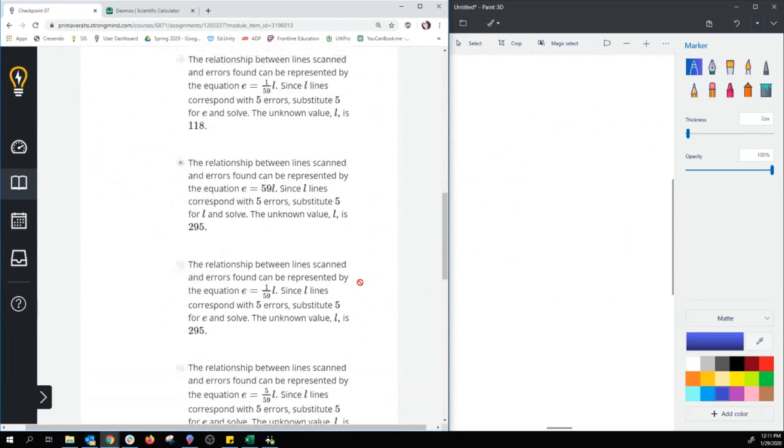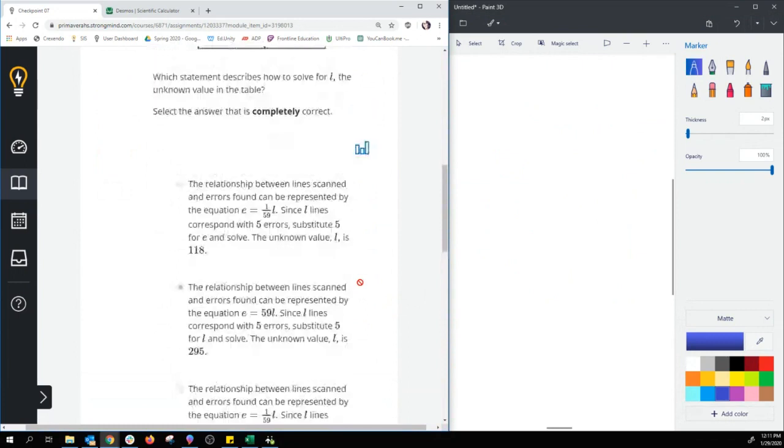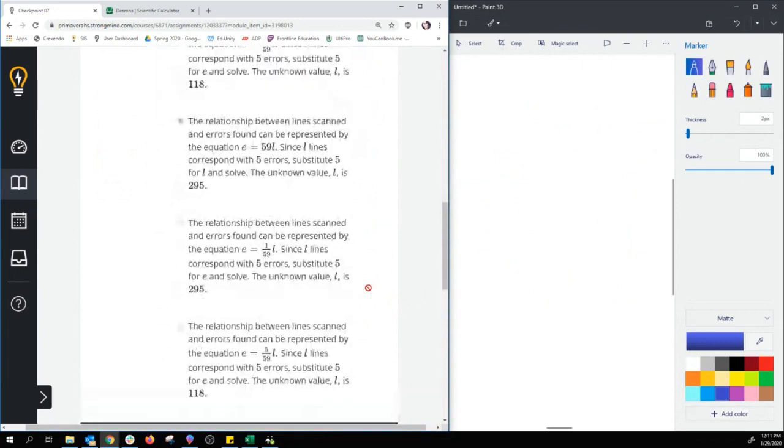So the first thing, if you guys notice, it tells you what the value for L is, right? Sorry, my brain is moving faster than what I'm speaking. At the very end of each sentence, it tells you the value for L, and the value for L has different numbers.